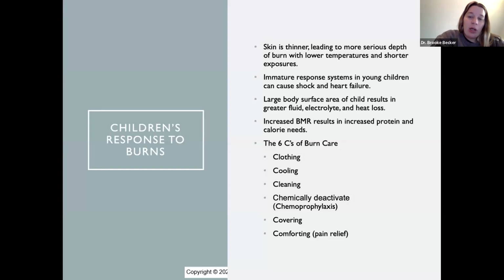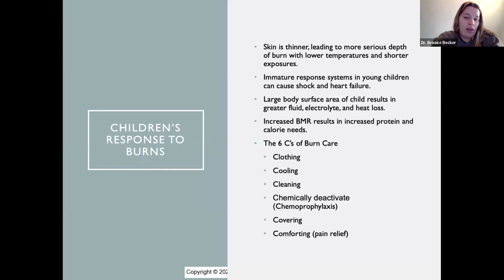The 6 C's of burn care. Look at your clothing: you don't want clothing sticking to the burns, but the burn needs to be protected from potential infection. Cooling that area, cleansing or cleaning that area. They may be adding a chemical to deactivate that burn sensation when they're doing the dressings.